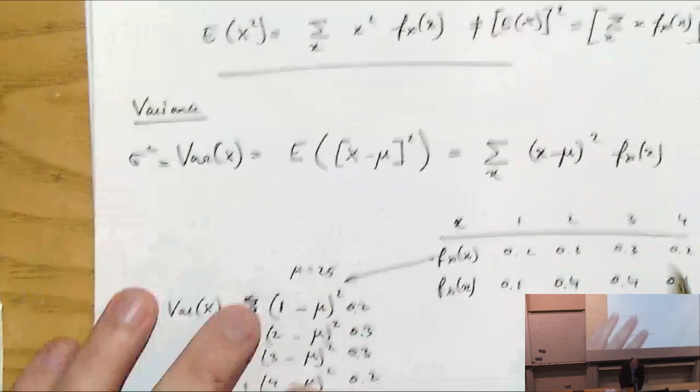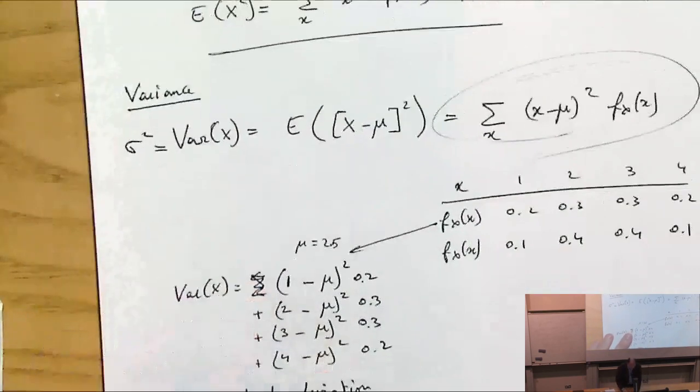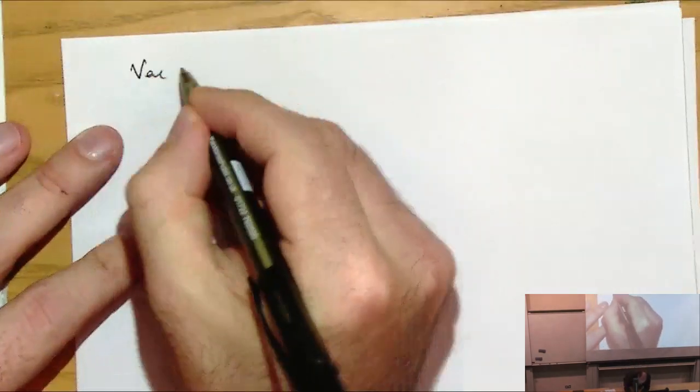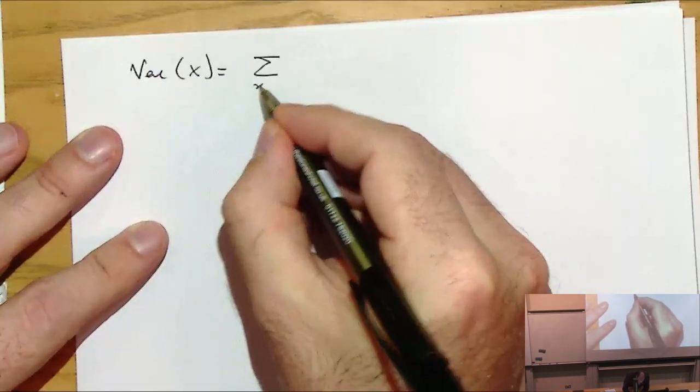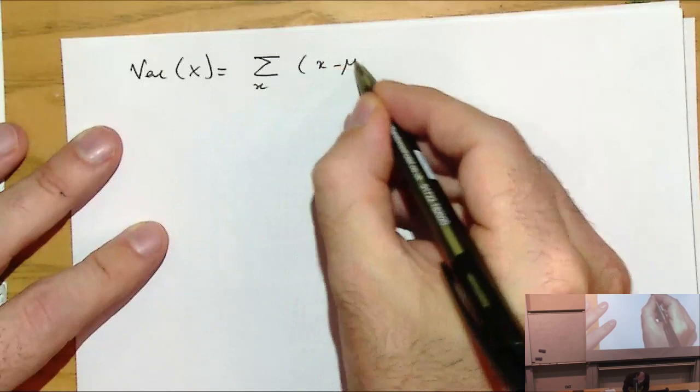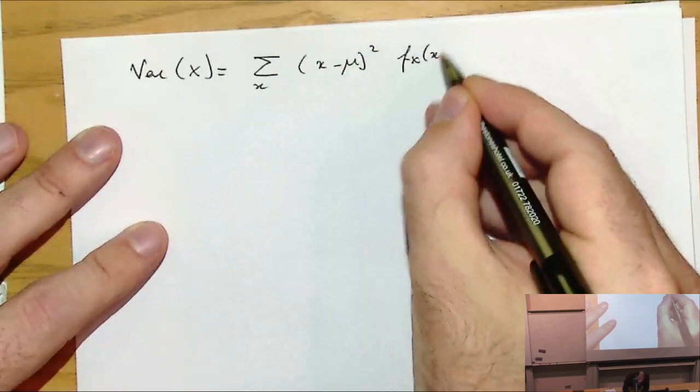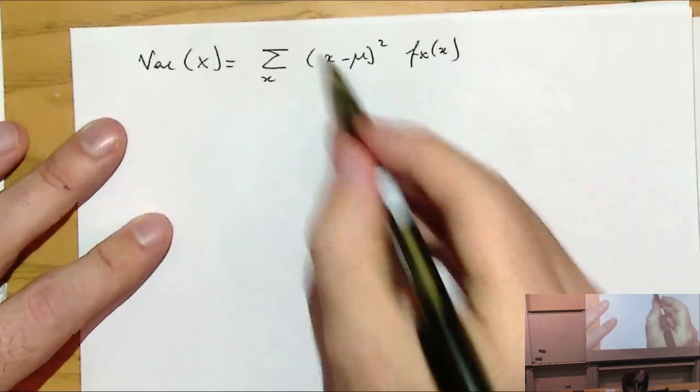Okay, so let's write this a bit differently. The variance of x is a sum over x of (x minus mu) squared multiplied by the probability mass function. Let's expand these terms.